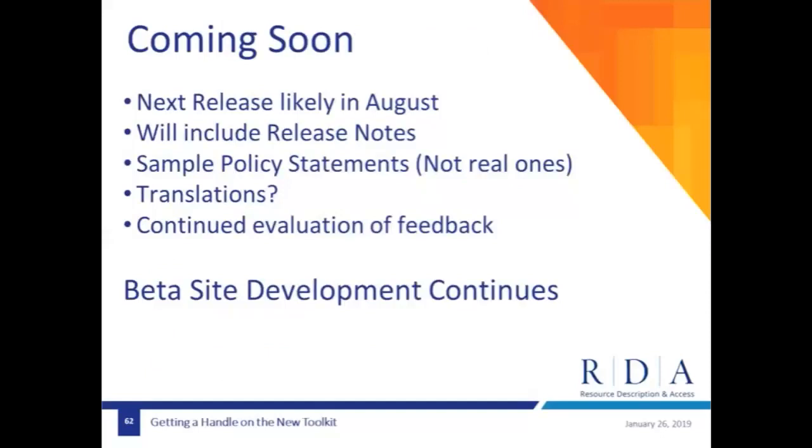So with this stabilization, as Kathy mentioned, this is now when policy statements start getting to work. I don't expect these sample policy statements to be real policy statements, but they will reflect how policy statements will function and operate in the toolkit. So at least you can start getting a better sense of that.